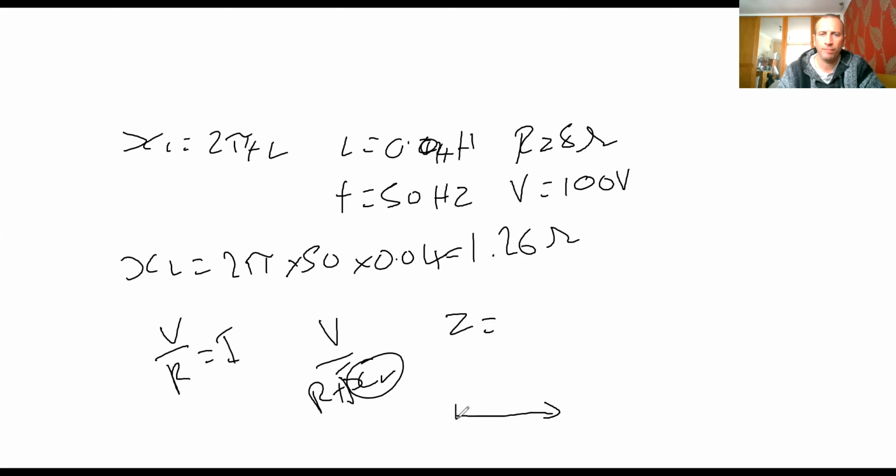That's over here, 90 degrees shifted from normal, and this is 8 ohms here. You can't add them together because they're both going different directions. They're pulling in different directions. If you imagine a tug of war, this guy's pulling this way with a force of 8 newtons. This guy's pulling this way with 1.26 newtons.